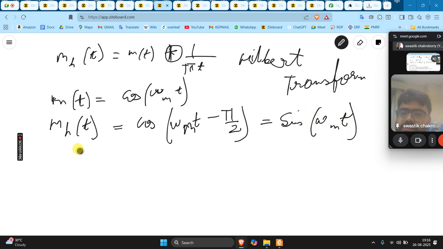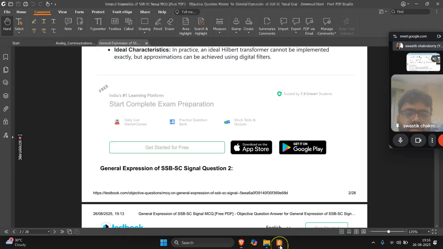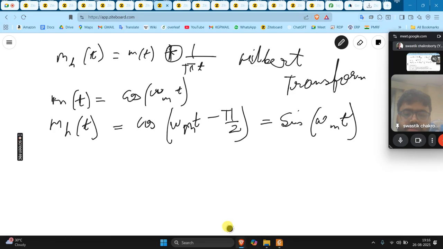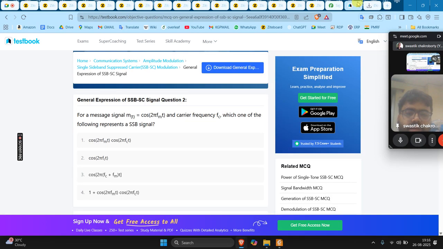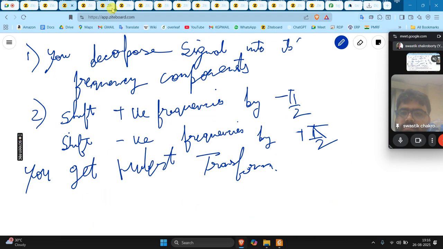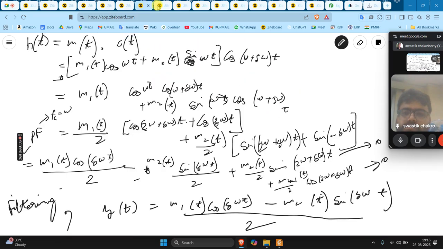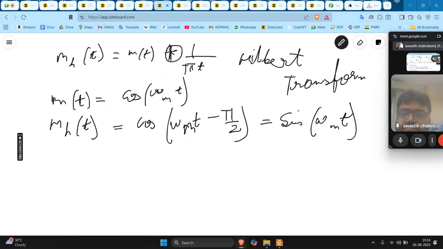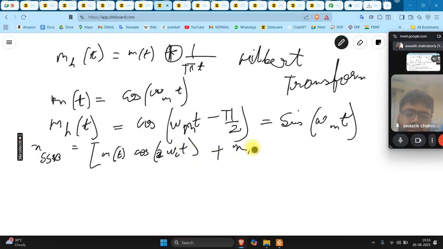That much is understood. Now they have asked for SSB-SC. SSB-SC will be: m(t) is the in-phase component, m(t) cos 2 pi fc t or omega c t, and m_h(t) will be the quadrature component.